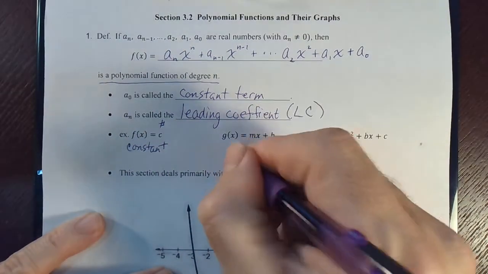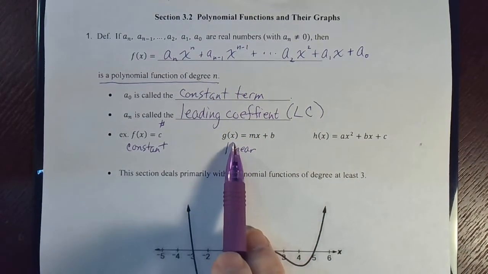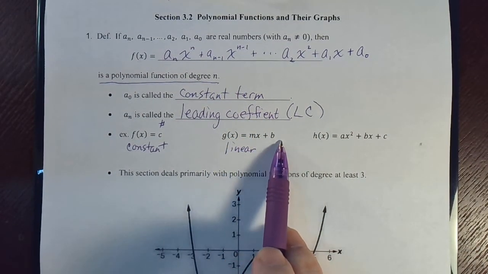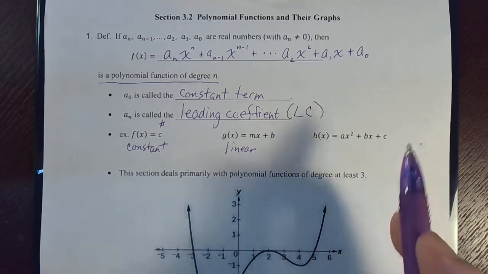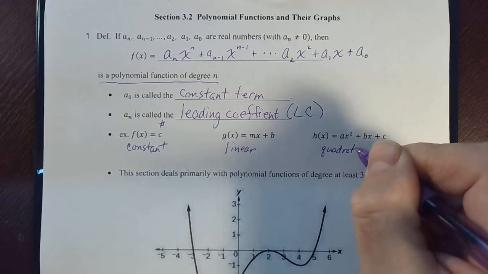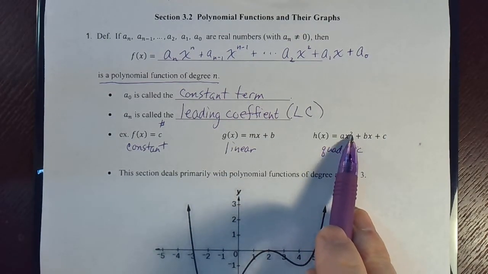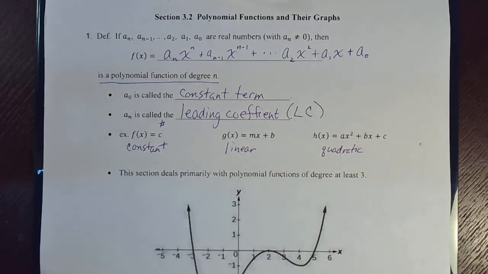This one is linear, a linear function. This is y equals mx plus b. And then this is the quadratic, and the entire previous section was about the quadratic functions. It's ax squared plus bx plus c.